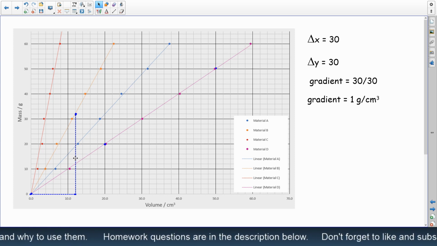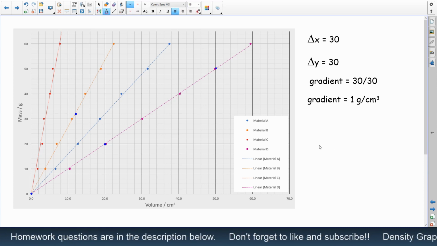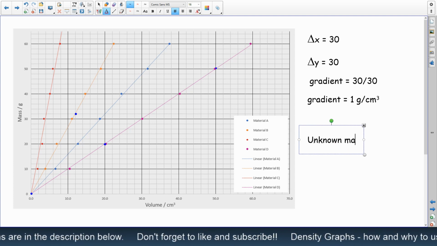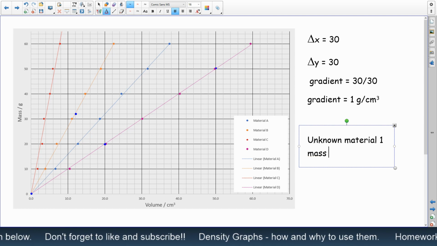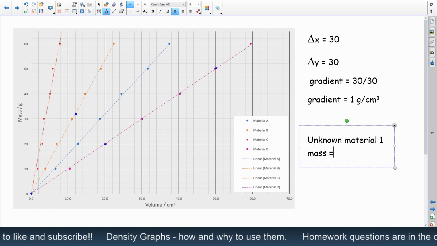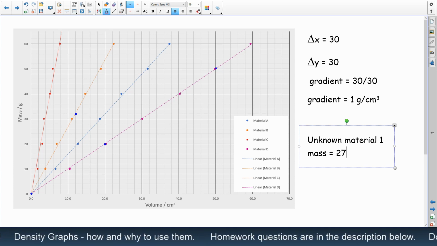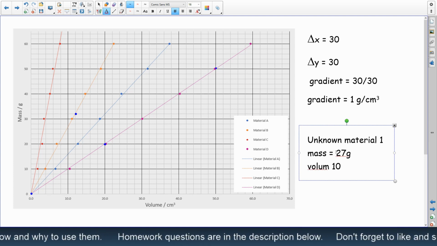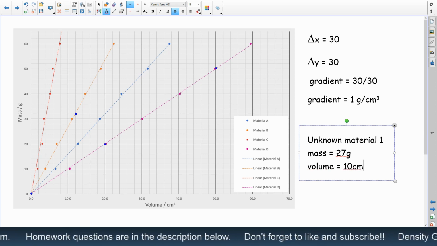Next thing we want to do is we want to go, well, what happens if I get an unknown material? So let's try unknown material A, or unknown material 1. And it has a mass. Let's get ourselves an imaginary mass for our material. So if we have an imaginary mass, let's say of 27 grams, for our unknown material, and let's say it has a volume of 10 centimeters cubed.